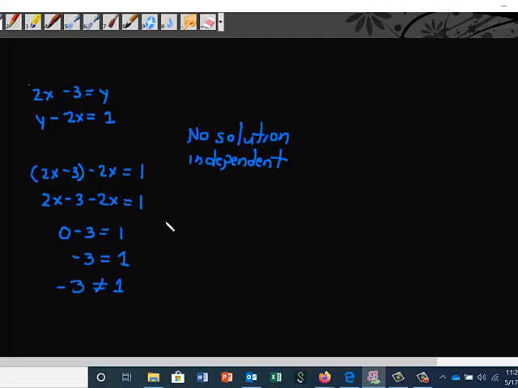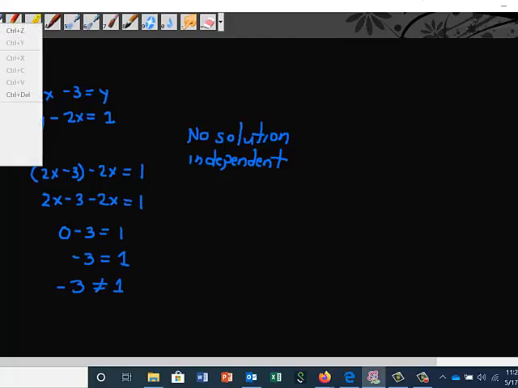So I'm going to find an example that has infinitely many solutions. Let's clear our board here. And let's look at this one. Look at this type of problem.